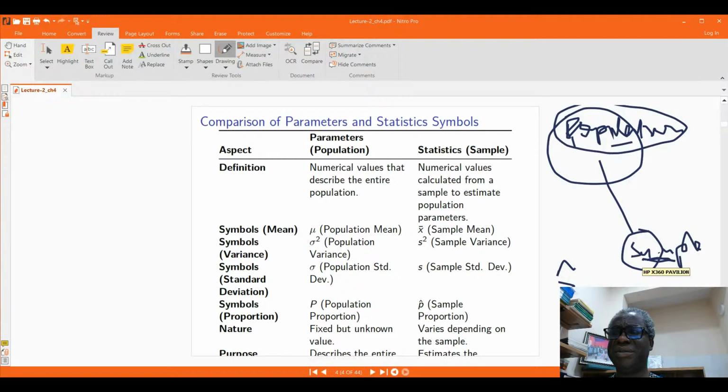Whereas sample values can vary from sample to sample, because if two of us are taking a sample from the same population, your sample may be different from my own sample, and therefore the estimate you will get from your own sample will likely be different from the estimate I will get from mine.